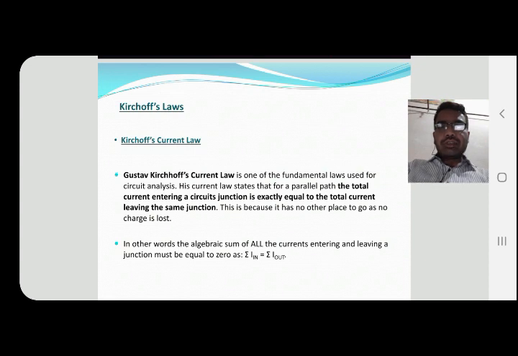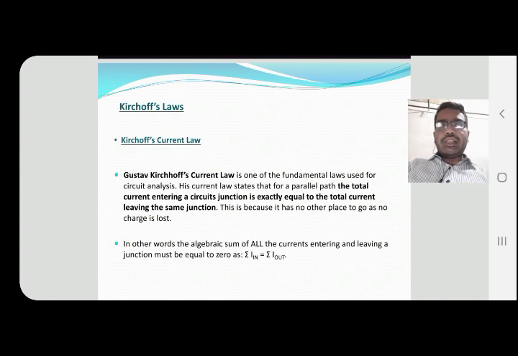His current law states that for a parallel path, the total current entering a circuit's junction is exactly equal to the total current leaving the same junction. This is because it has no other place to go, as no charge is lost.